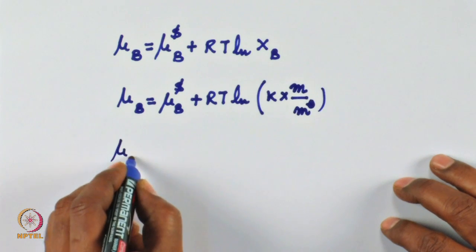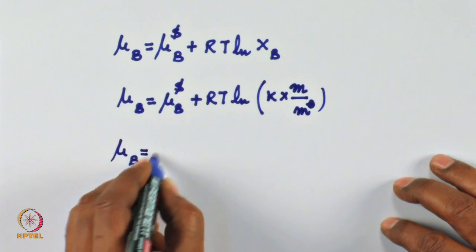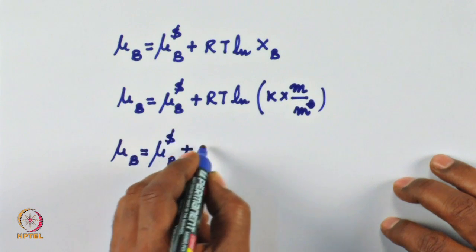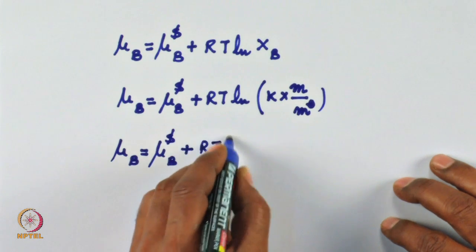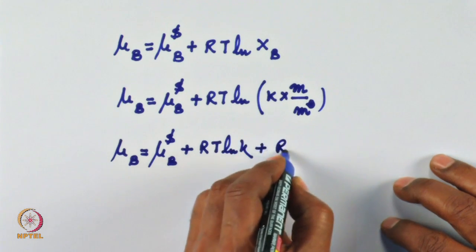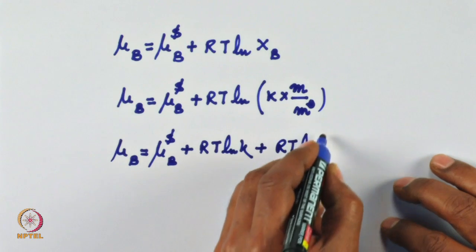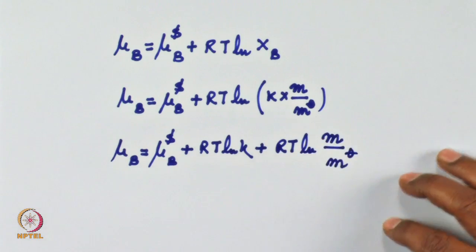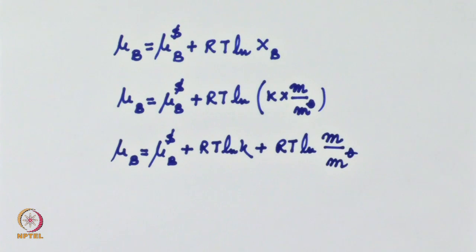The resulting expression is mu B equal to mu B naught plus R T log k plus R T log m by m naught.